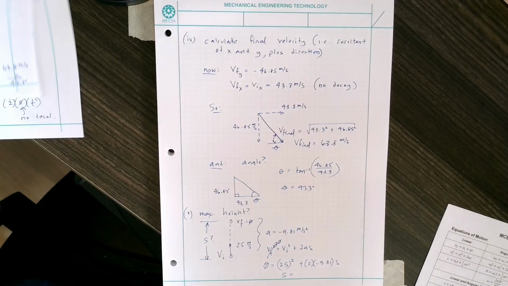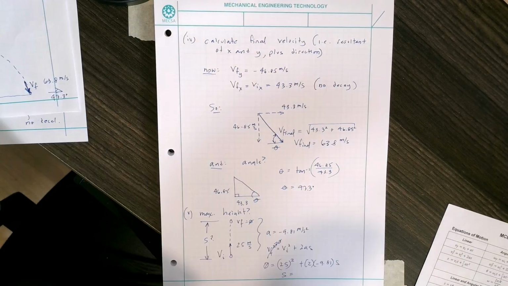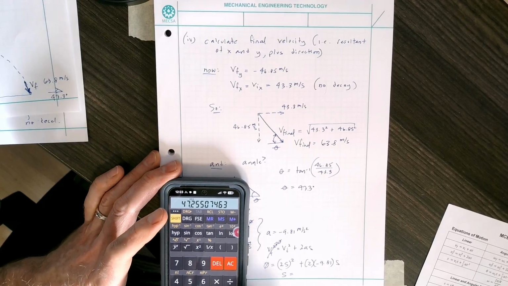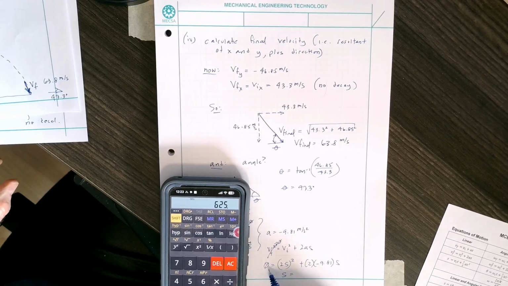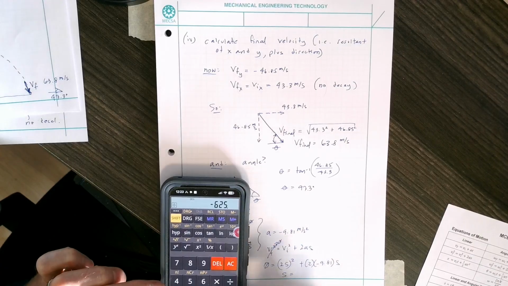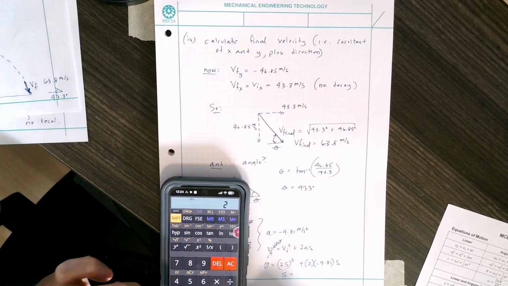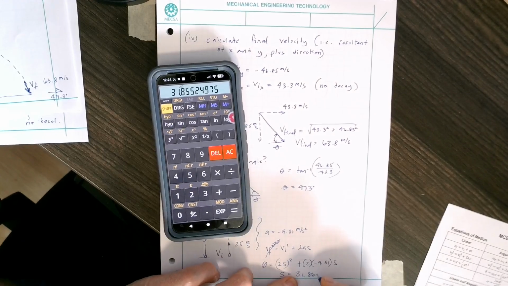If you want to add 80 meters to it, be my guest. This will be maximum height above the top of the building. Okay, 25 squared. Note the negatives play nice. 25 squared, but you move it over to the other side of the equal sign, so it's a negative, divided by 9.81 negative, divided by 2, 31.86 meters above the top of the building.